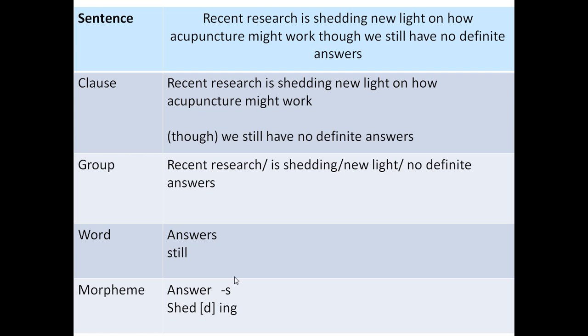So let's have another example. Sentence: "Recent research is shedding new light on how acupuncture might work, though we still have no definite answers." This is called a sentence here. In functional grammar, we would call this a clause complex because it's the result of the combination of two clauses. One is the main clause or independent clause: "Recent research is shedding new light on how acupuncture might work."